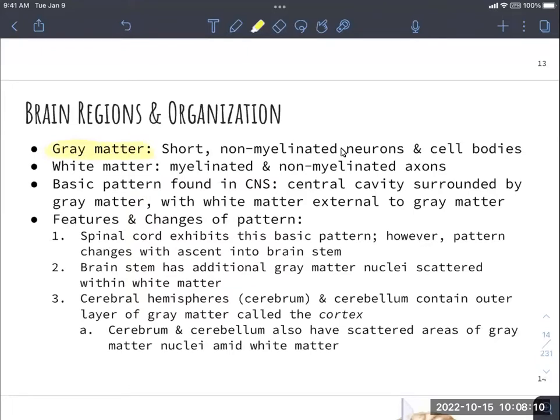Gray matter is those non-myelinated neurons. Remember those neurons? This is one of my neurons. It's got these myelinated sheaths on them.